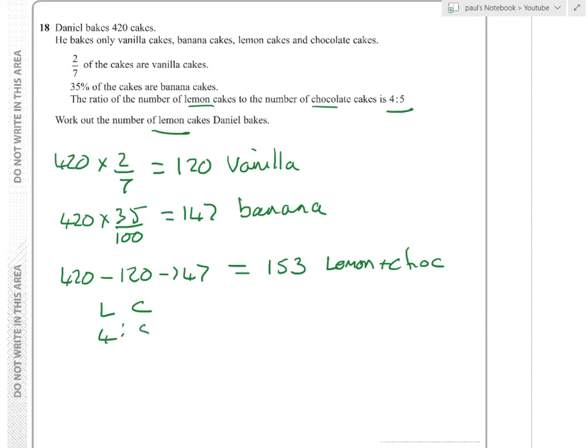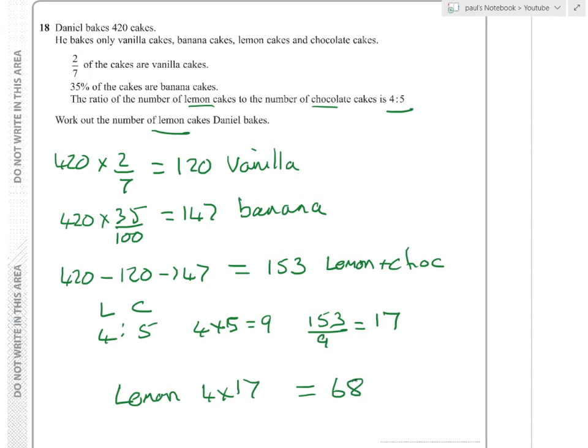So 4 plus 5 equals 9. So 153 divided by 9 is 17. And we've got 17 cakes per part of the ratio. We want to find lemon. So lemon is 4 times 17, which I think is 68. 51, 68. Yeah.